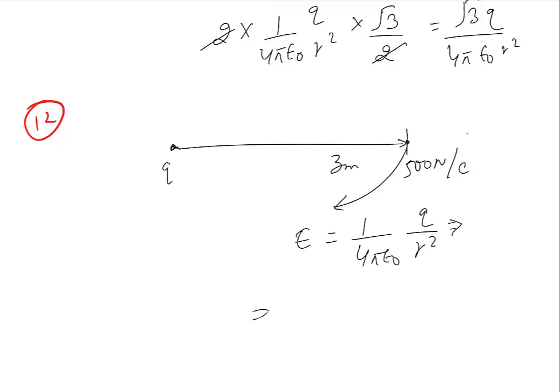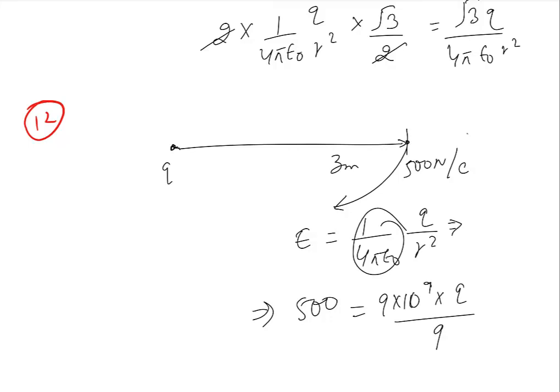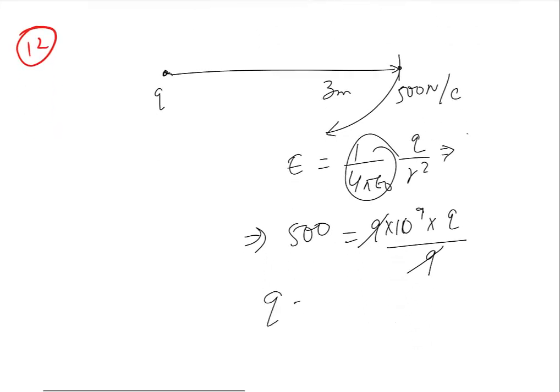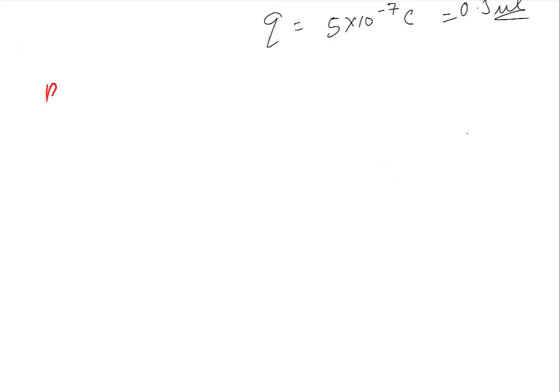So just putting the values over here, 500 equals, this total thing is 9 into 10 to the power 9 Q over 9, that is 3 square. This gets cancelled and you get Q equals 5 into 10 to the power minus 7 coulombs. That's also 0.5 microcoulombs.